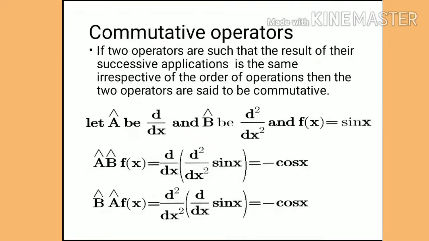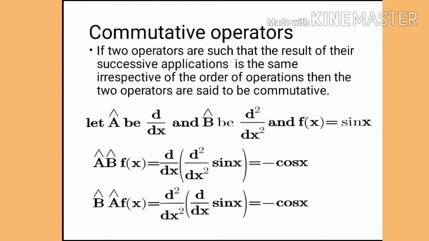If we change the order of operators, it means b cap a cap fx is equal to, now we will first differentiate sin x. If we differentiate sin x, we get cos x, and if we double differentiate cos x, then we get minus cos x.